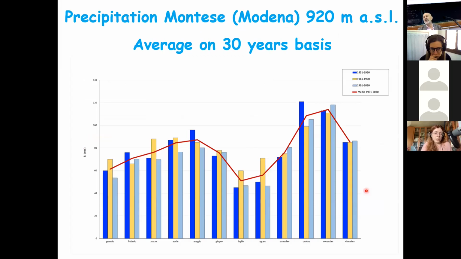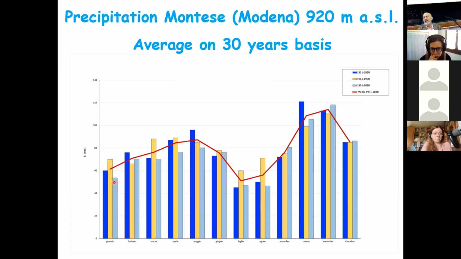Here in this bar diagram, we compare for each month of the year the average precipitation in Montese from January to December for different time periods of 30 years each. So from 1930 to 1960, from 1960 to 1990, from 1990 to 2020.